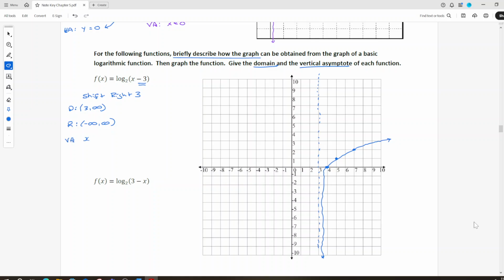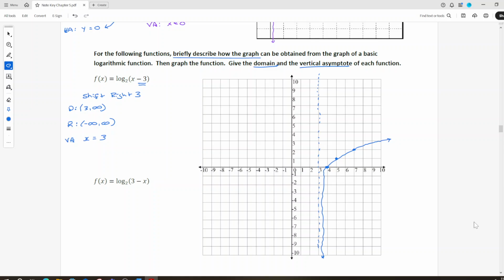It is now x is equal to 3. So this is the key information: when you have a horizontal shift, it's going to affect the domain and the vertical asymptote of a logarithmic function. Whereas with an exponential function, it was all about vertical translations that affected the range, right? And the horizontal asymptote.